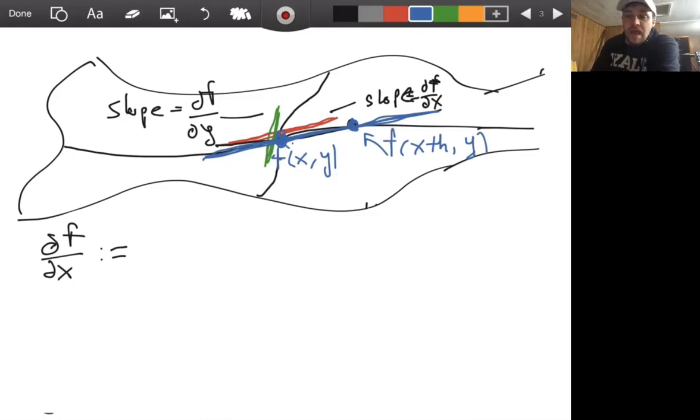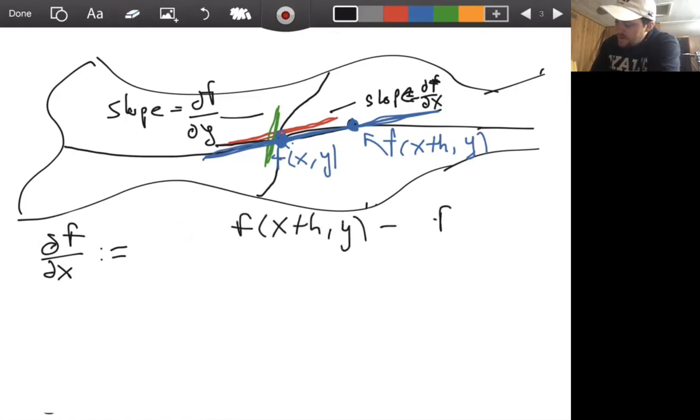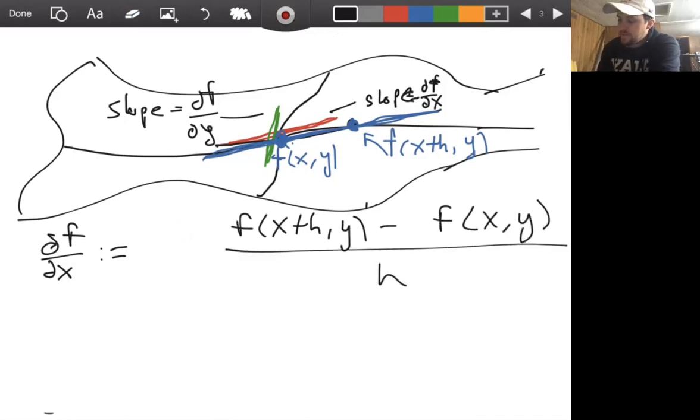And then the average rate of change, or the slope of the secant line, is rise over run. The rise over run is f(x + h, y) minus f(x, y), all over h.